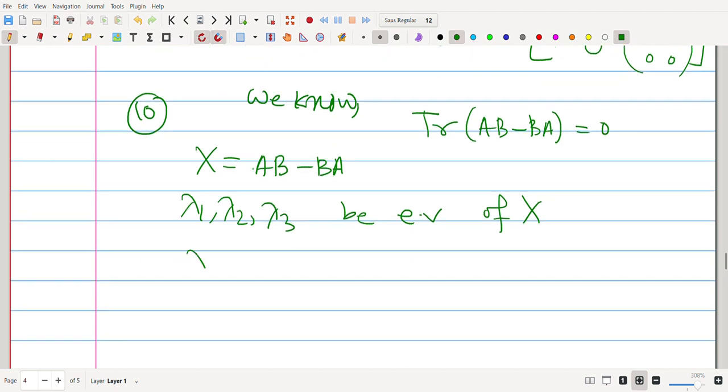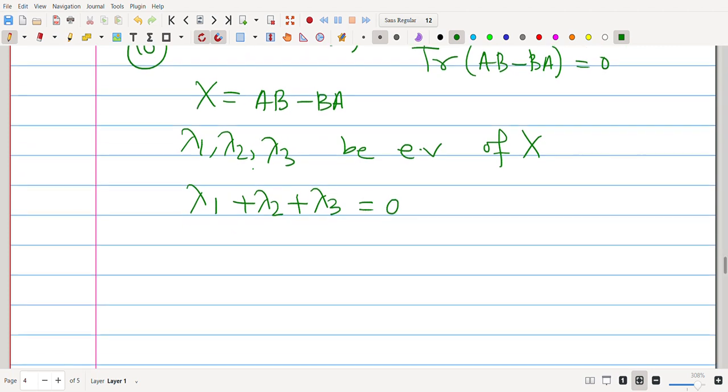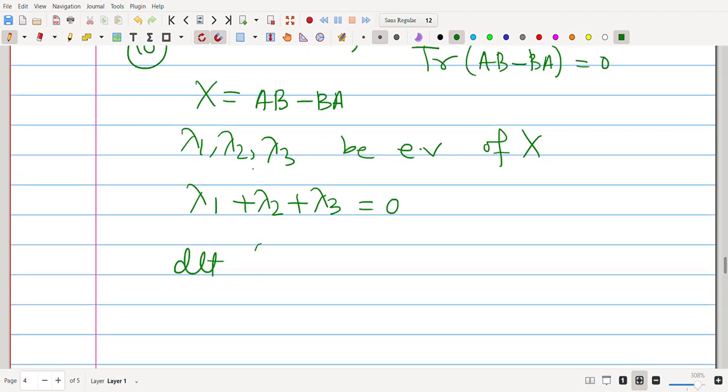Then since the trace is 0, lambda 1 plus lambda 2 plus lambda 3 is 0. Right? And the determinant of AB minus BA is lambda 1 lambda 2 lambda 3, the product of eigenvalues.